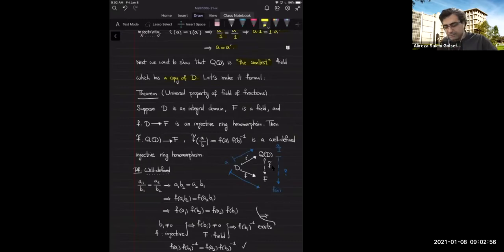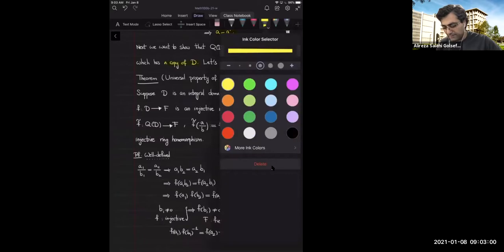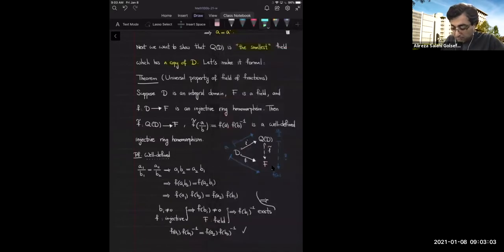So this brings us to what we call the universal property of the field of fractions. This is maybe the most important property of the field of fractions. I do not expect you to know all the details of the definition of the field of fractions, but what I do expect you to know is this property.